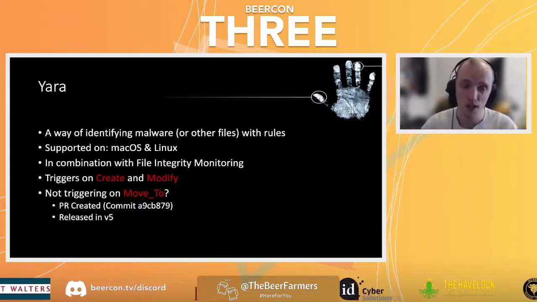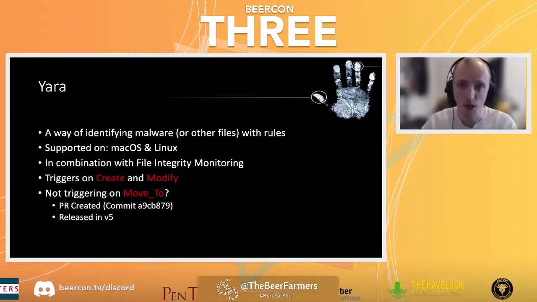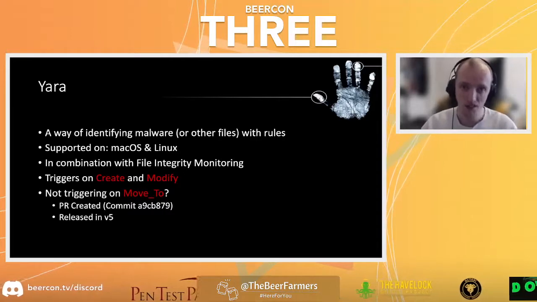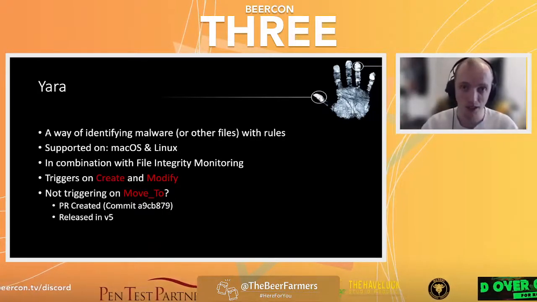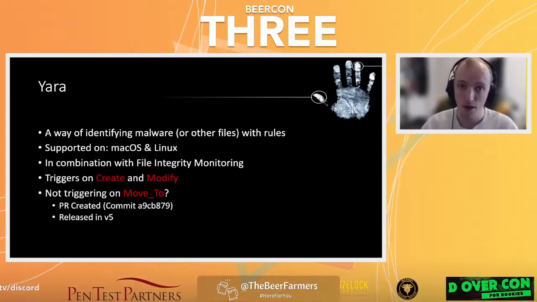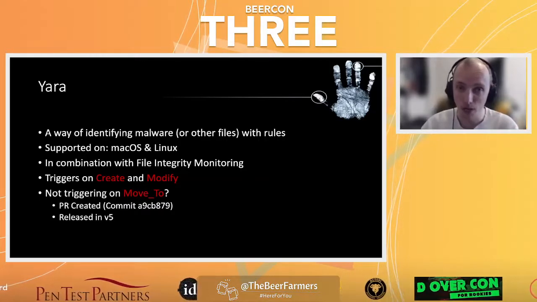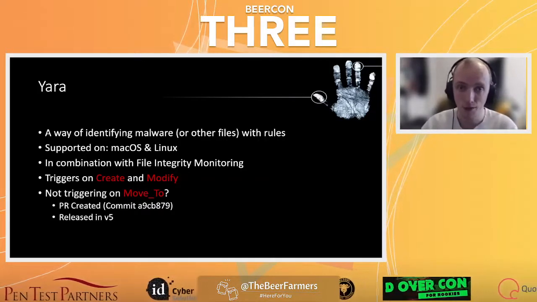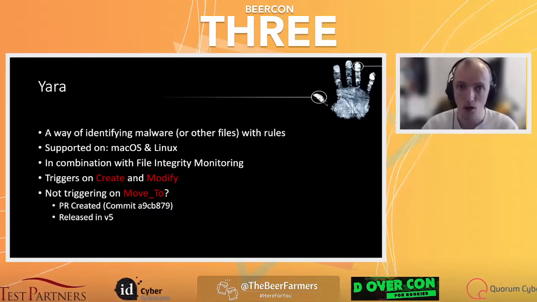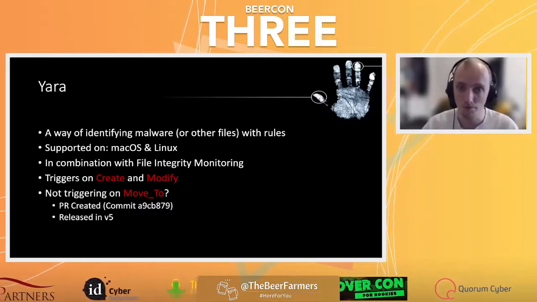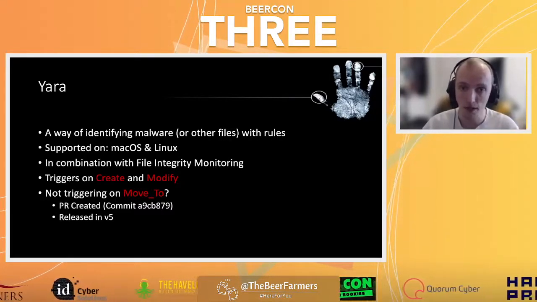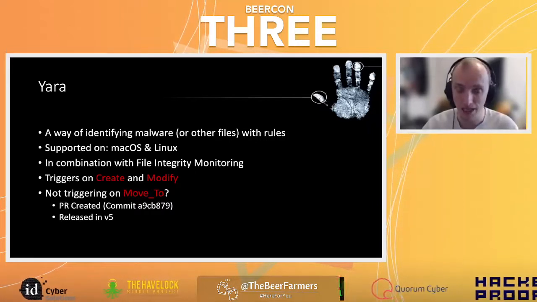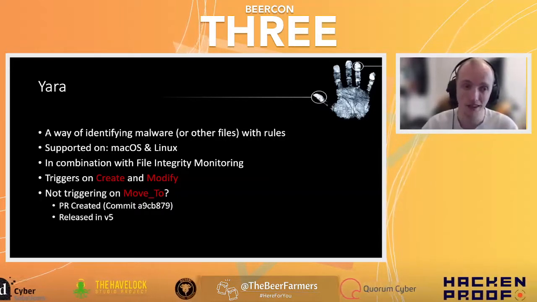During my research, I found out that it doesn't trigger on a move-to action. But imagine you have a directory and you're monitoring that directory with YARA rules, and only if a file gets created or modified in that directory will it trigger a potential rule. But what if a malicious actor copies a file or moves a file to that directory and then launches it? YARA rules would never catch it.